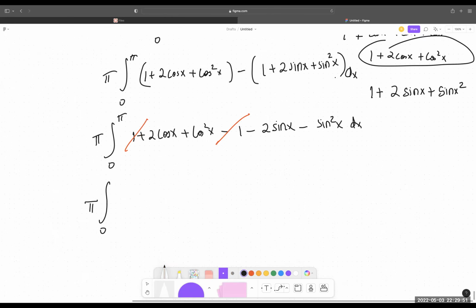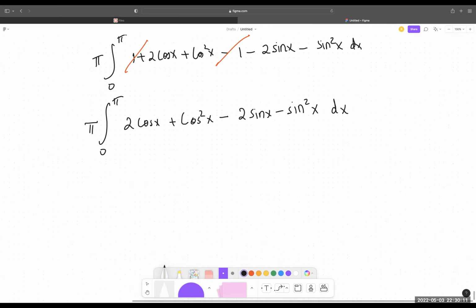So we have 0 to pi, 2 cosine of x plus cosine squared of x minus 2 sine of x minus sine squared x dx.